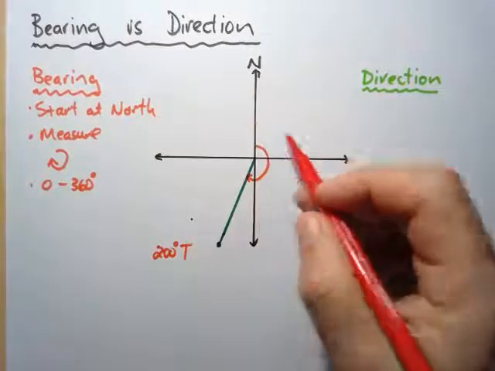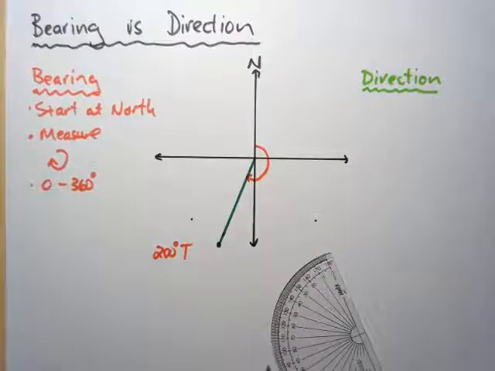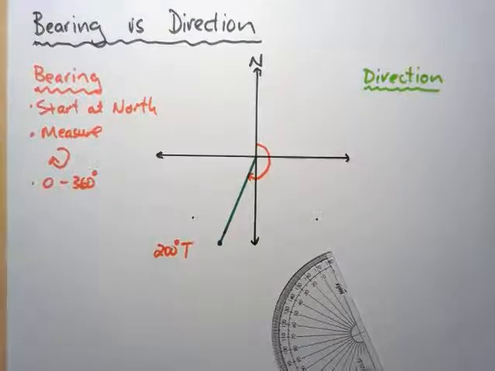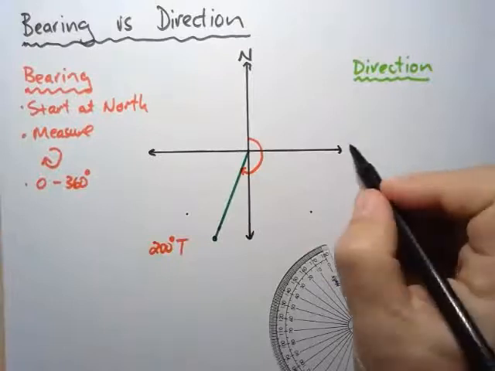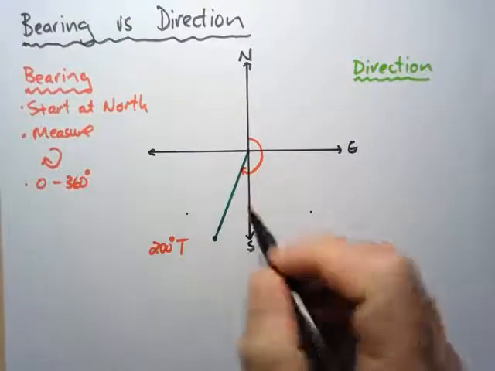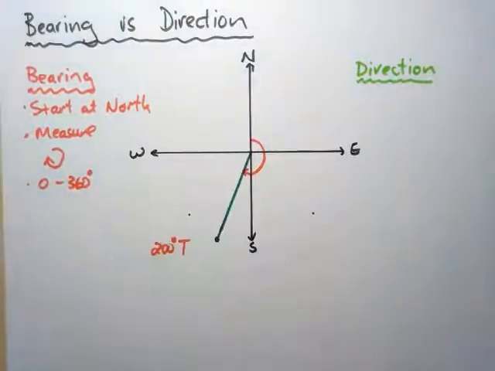So always start at north, measuring in a clockwise direction. So what is direction then? For direction, we're going to break this up into our compass bearing. What compass bearing does is it starts at north, and then we go east, south, west.